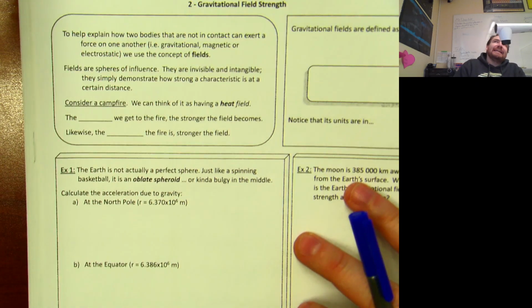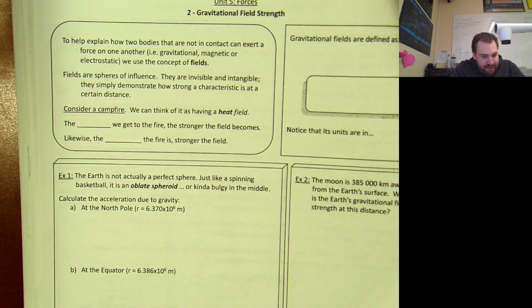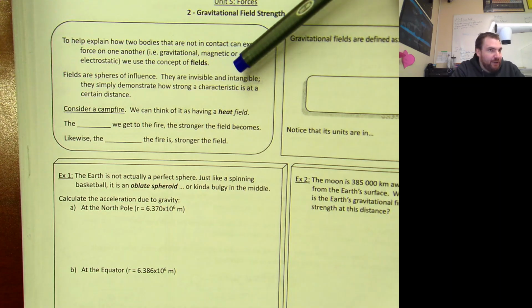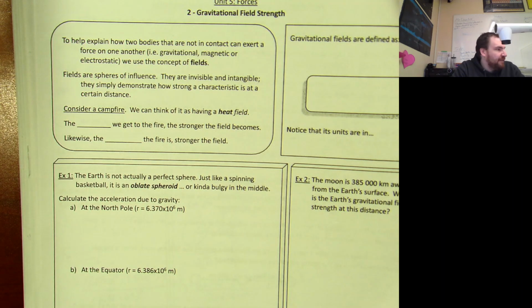To explain how two bodies that are not in contact with each other can exert a force on each other, i.e. gravitational, magnetic, or electrostatic. We haven't talked about magnetic or electrostatic, but you have an understanding of magnetic fields, yes? Has anyone ever used a compass? A compass only works because the Earth has a gigantic magnetic field around it.